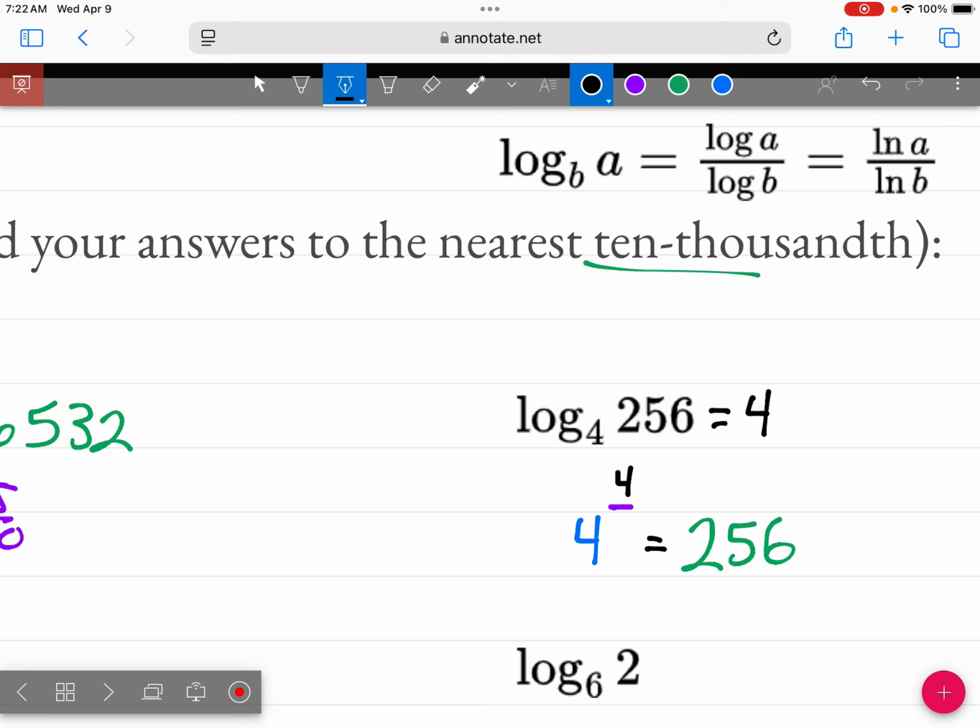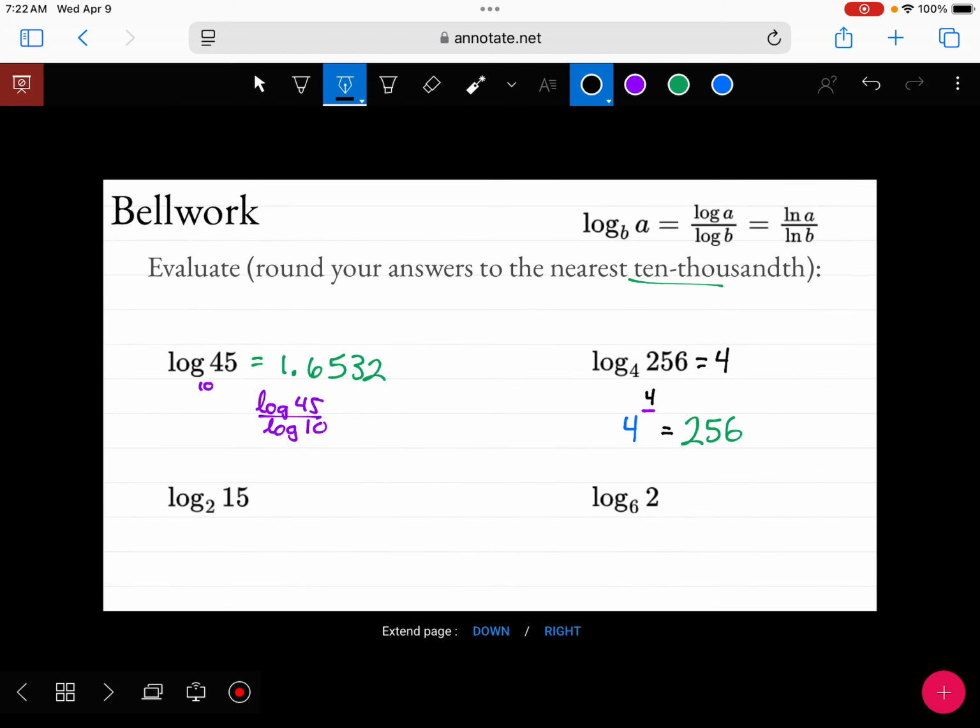This is a power. 256 is a power of 4. But you can also do this with change of base, doing log of 256 over log of 4. It'll give you the same answer. And that's okay. The calculator still gave you that answer. So even if we don't notice it, the calculator can still help us with that. It's just one of those things we don't have to use every time. We can, it'll work, but sometimes it's making things more complicated than they need to be.